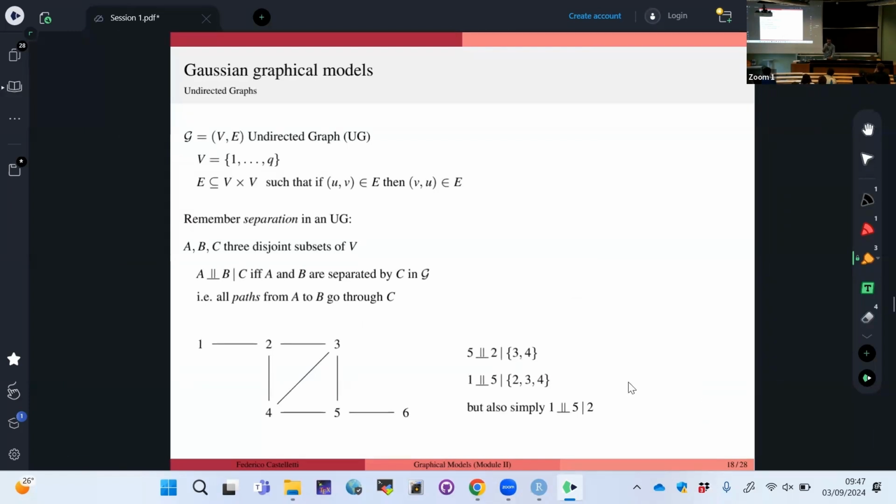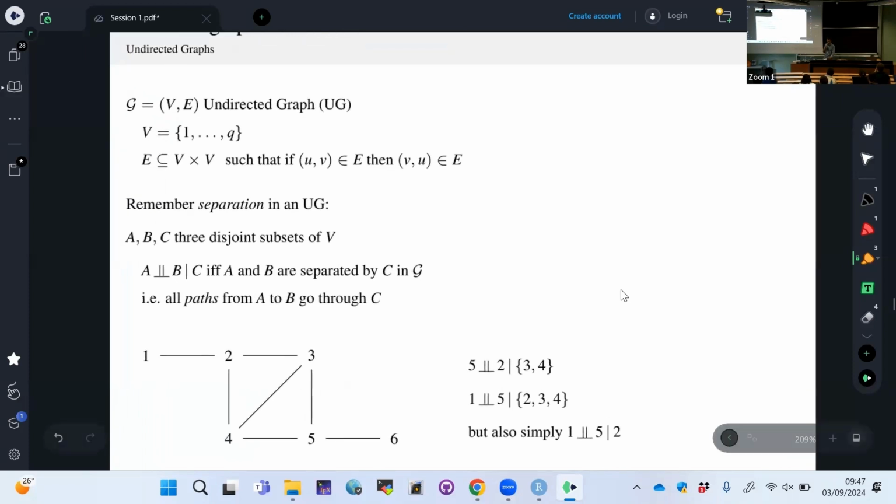Okay, so let me just summarize a few notions on undirected graphs that you introduced yesterday, and in particular, how to read conditional independencies in a graph, because we would like to establish then a connection between the graph and the multivariate normal distribution, okay? So how can we read from the distribution the conditional independencies in the graph and the converse as well?